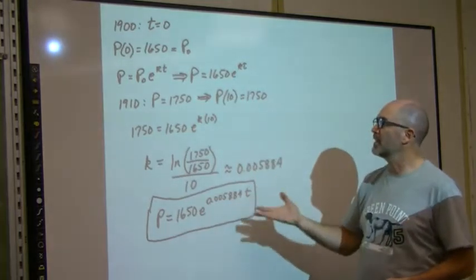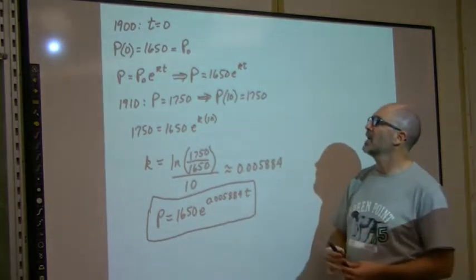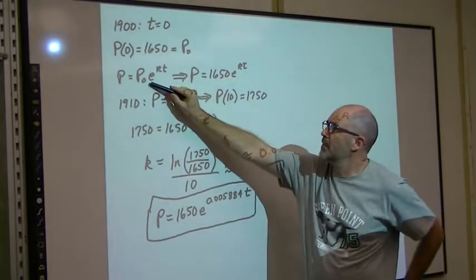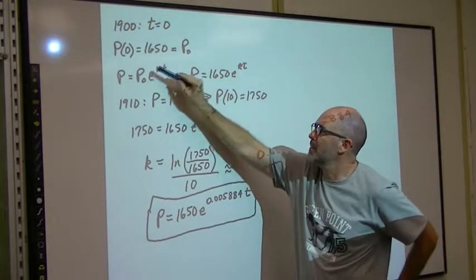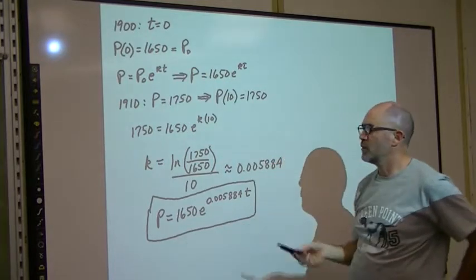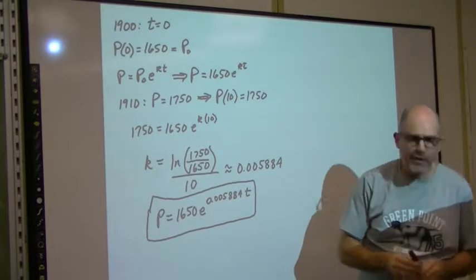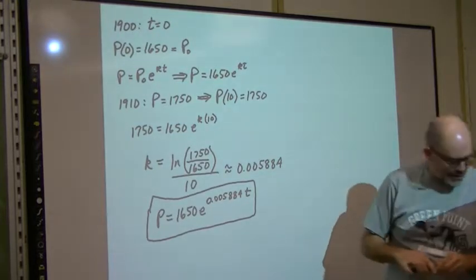So, this is basically the goal: we take our P equals P sub O e to the kt, find P sub O, find k, and then you can answer any questions you want. Okay, so let's cruise onward to the next example.